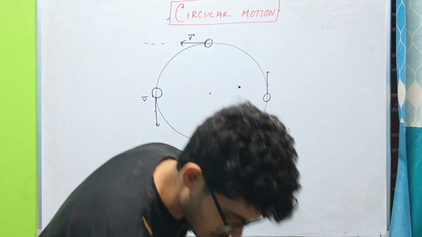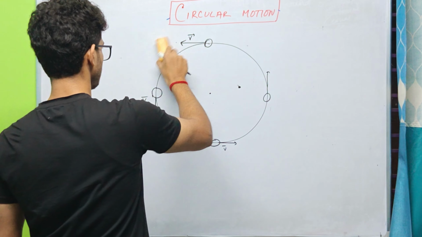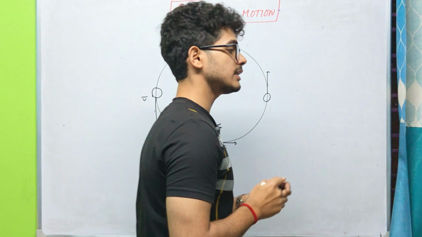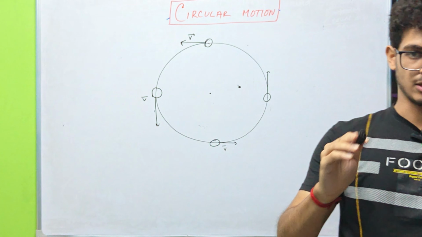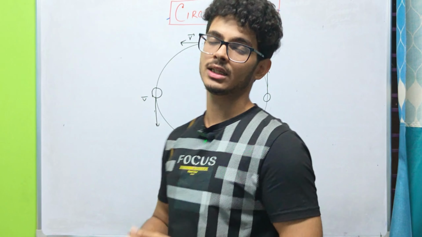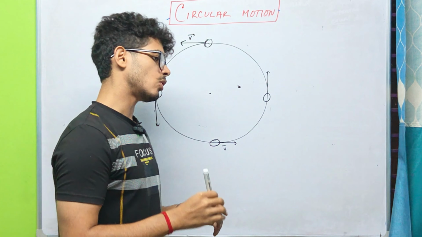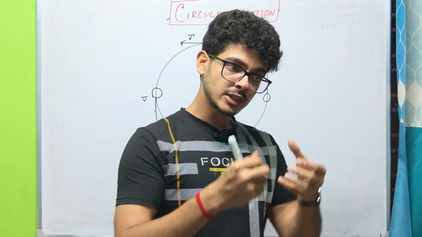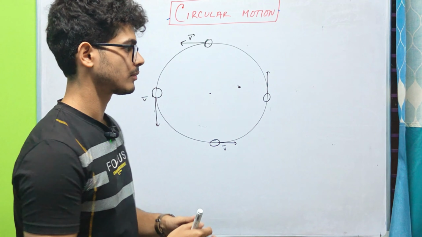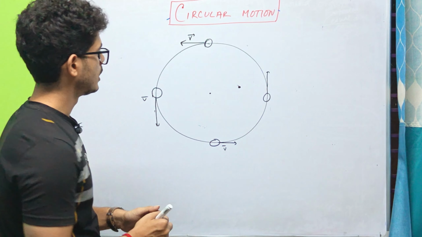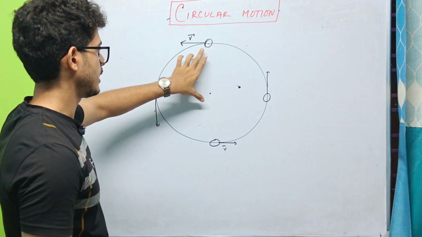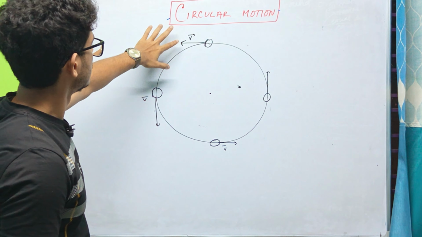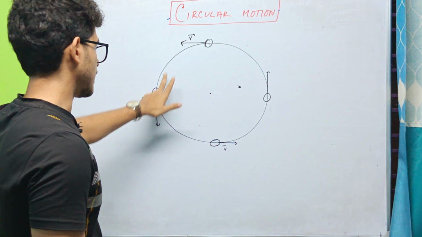Okay. So now, whenever something is possessing a circular path, circular motion, some constant action of force is required to hold that object in that path. How? As I have said, if I let the ball fly away, then it will not follow the path.